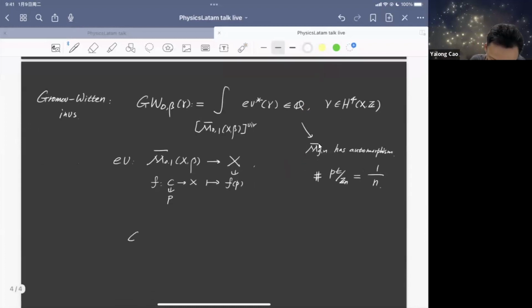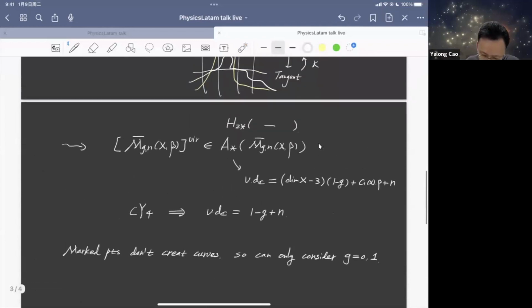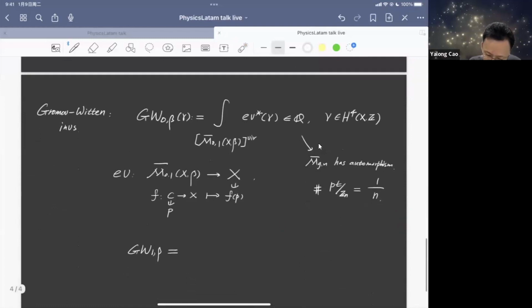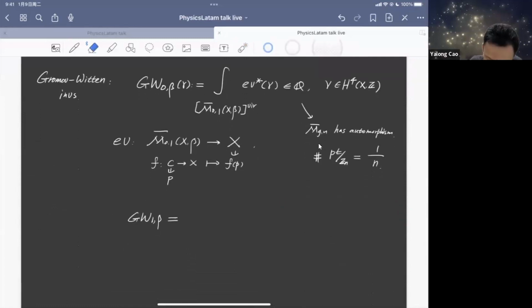The genus 1 case, the definition is even easier, because if you put genus equal to 1, this is 0. If you don't put any marked points, you already get a degree 0 cycle. Then what you do is just count the number of points in this cycle, which basically means you integrate 1 on this cycle.